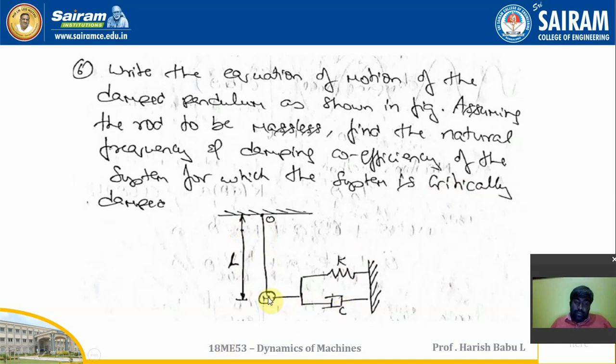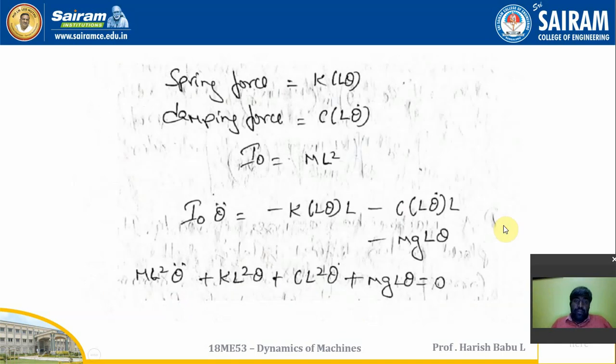So when I pull the mass this side towards the left hand side, the K and the dashpot, that is the damping, will be acting on the right hand side, which tries to pull the mass to the opposite side. So if I give anticlockwise as the motion, these two will go for anticlockwise motion.